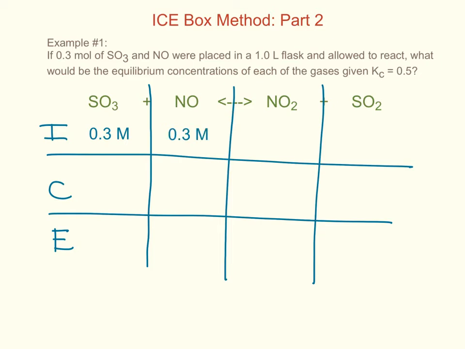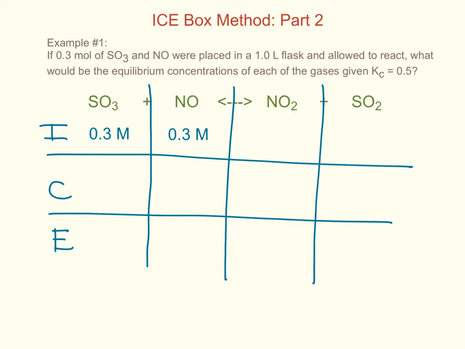And that's it. That is all I was given. I was given no equilibrium concentrations for any of my reactants or products. But I can still keep filling in my icebox with as much information as I can glean, as usual. So I know that if I have only reactants and they haven't given me any initial concentrations for my products, I can assume that the reaction is going to proceed in the forward direction first.